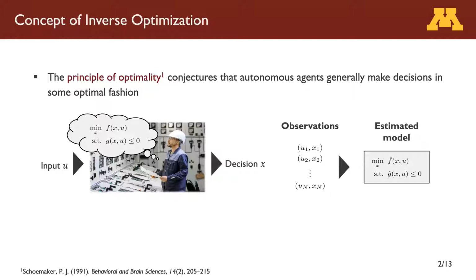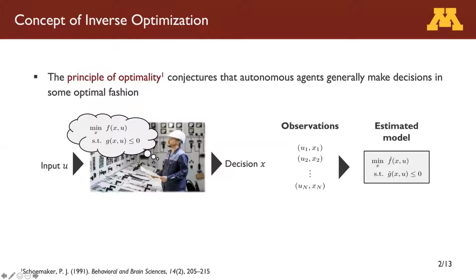But the question of interest here is, can we use the data from past decisions that we have observed to uncover the underlying decision-making process? Now, inverse optimization provides a way to answer this question. This approach is motivated by the principle of optimality, which conjectures that all autonomous agents generally make decisions in some optimal fashion.